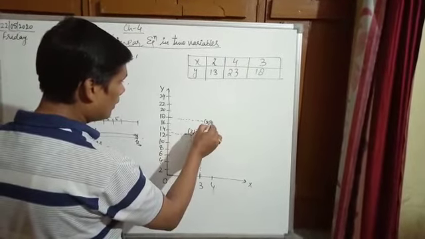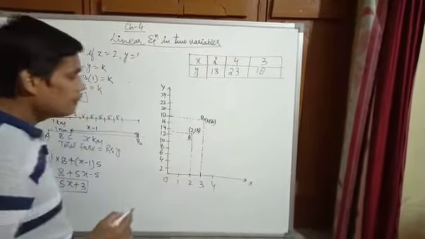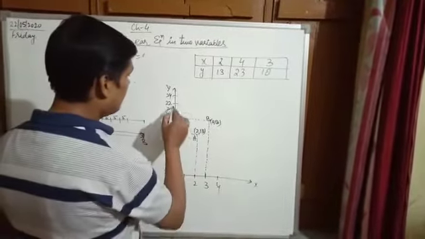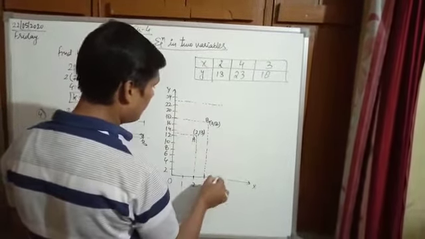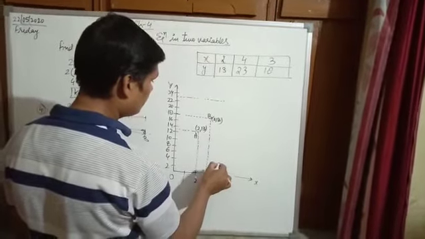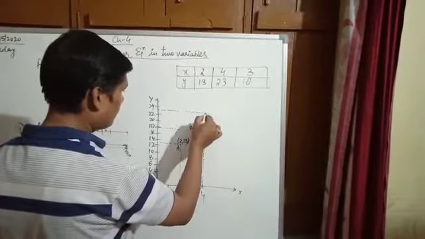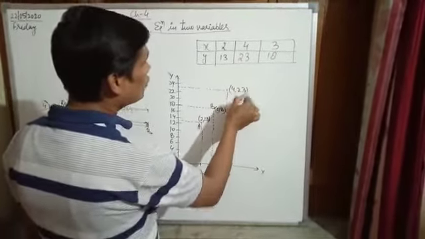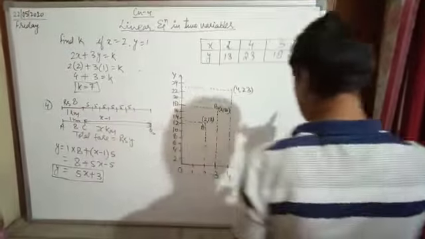This is (3, 18). Suppose this point is A, this point is B, and the third point is (4, 23). Four comma 23, so that we can draw these coordinates like this.